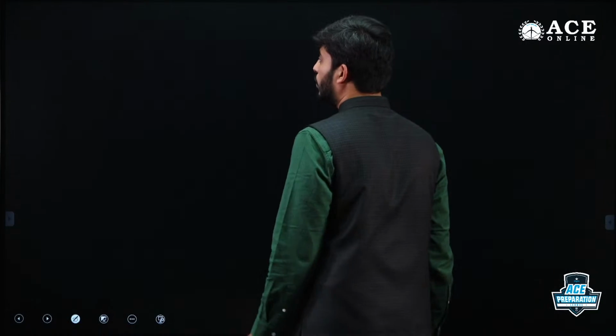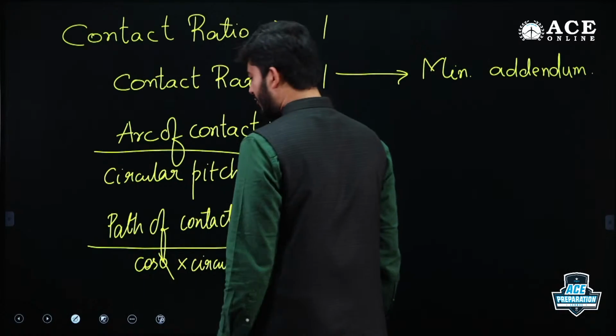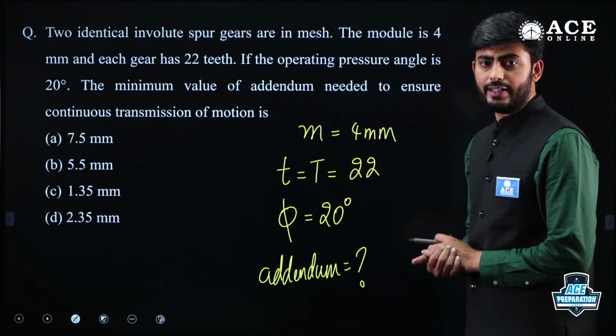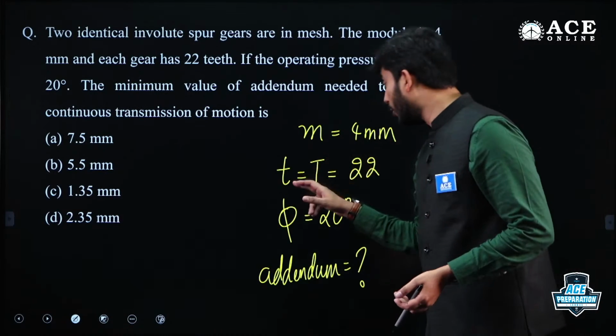Okay. So what we can do is path of contact. Here path of contact formula you can write, and here both gear and pinion are identical in number of teeth.